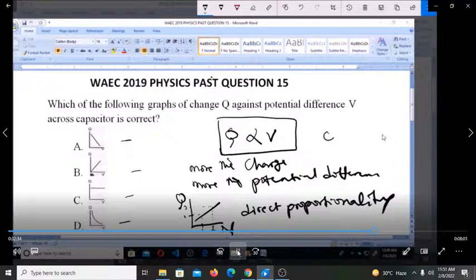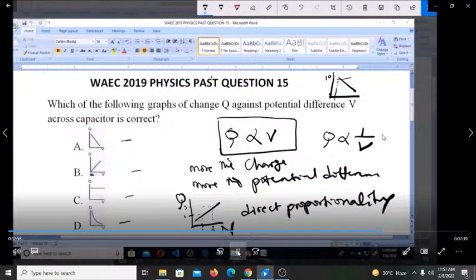If it was Q inversely proportional to V, we are supposed to have a graph of this nature, because as this one is increasing, let's say at 10, this other one is going to be at 1.